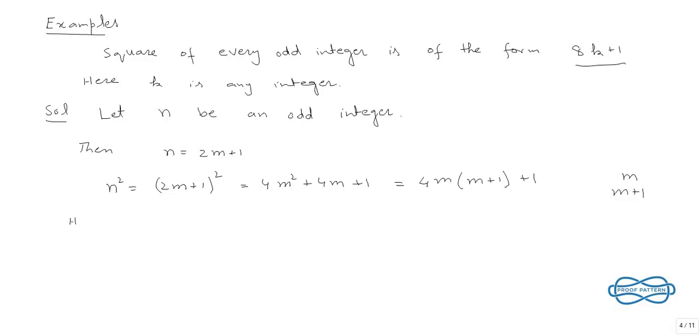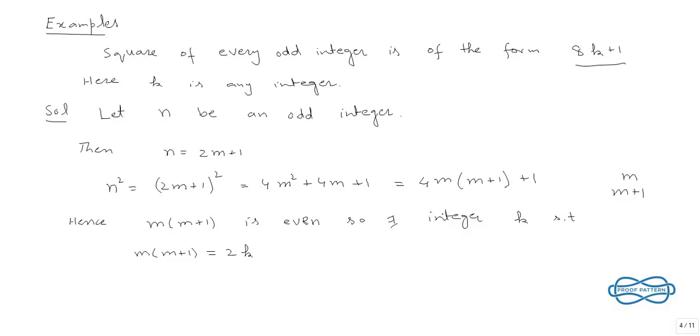Hence m into m plus 1 is even, because one of these two integers will be divisible by 2, because they are two consecutive integers. So their product can be written as, there exists an integer k such that this even integer m into m plus 1 will be equal to 2k.